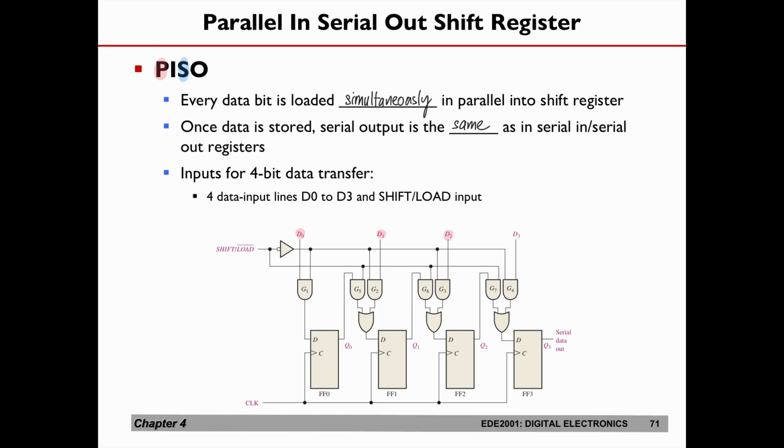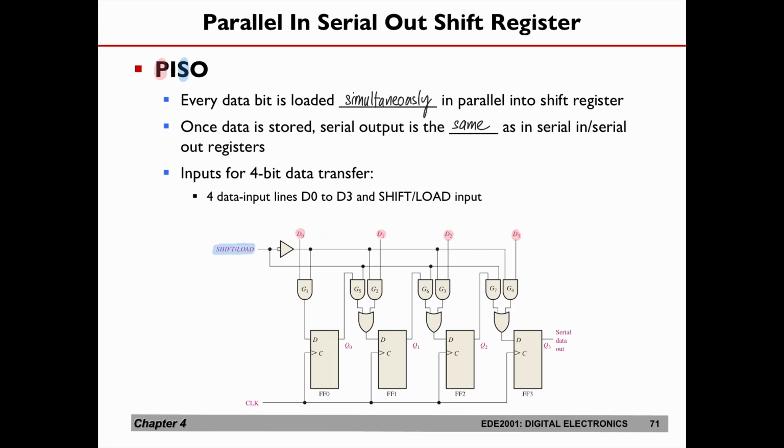Then I have the shift and load command here, whether I want to load the data or shift the data. This is a very interesting circuit, because I will need to load the data in parallel format, and then after that shift the data out in a serial format.